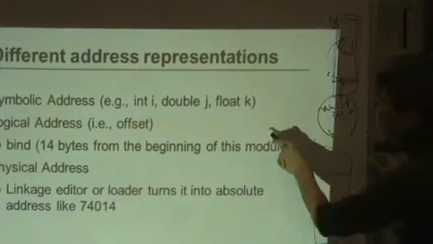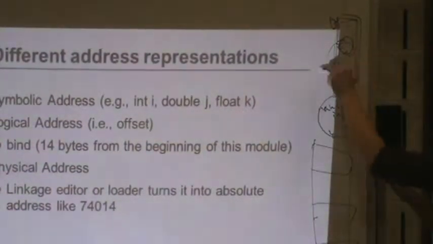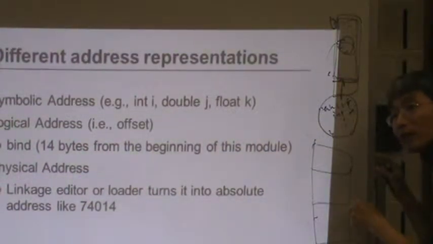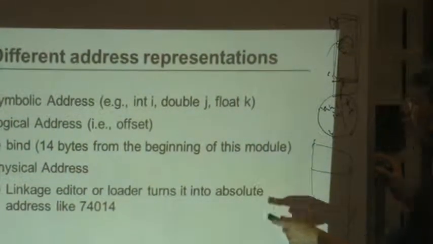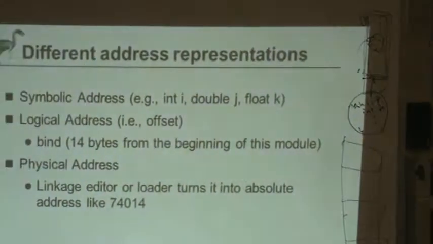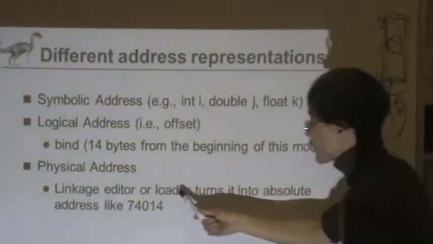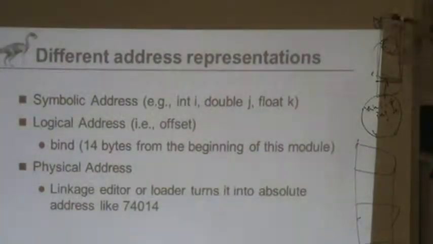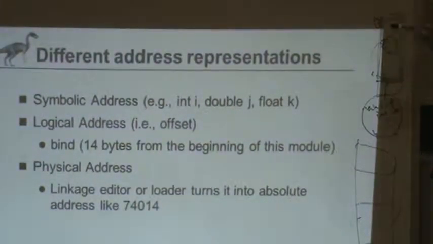Once this process is loaded into the memory and executed, then finally it has a physical address like this one. This is the physical address, and the CPU will read this physical address to access the data or get the instruction.